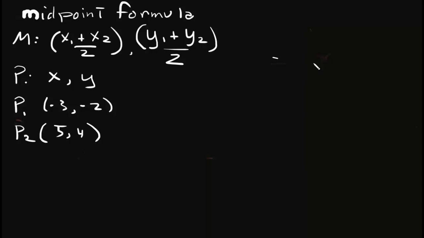Just so we can see what those look like, if this was our graph, y-axis, x-axis, for point 1 it would be -3 on the x-axis, -2 on the y-axis, so our point would be around here. And for point 2, that would be 5 on the x-axis, and the y-coordinate would be 4, so 5, 4 would be about there.